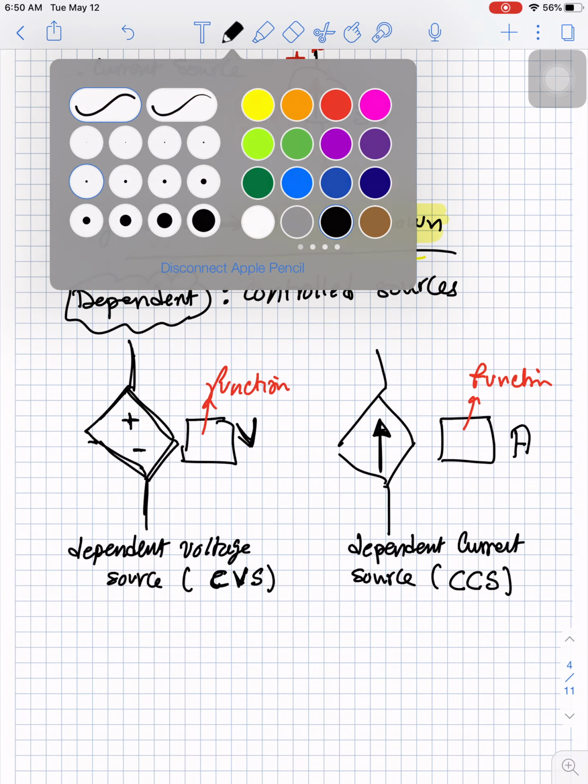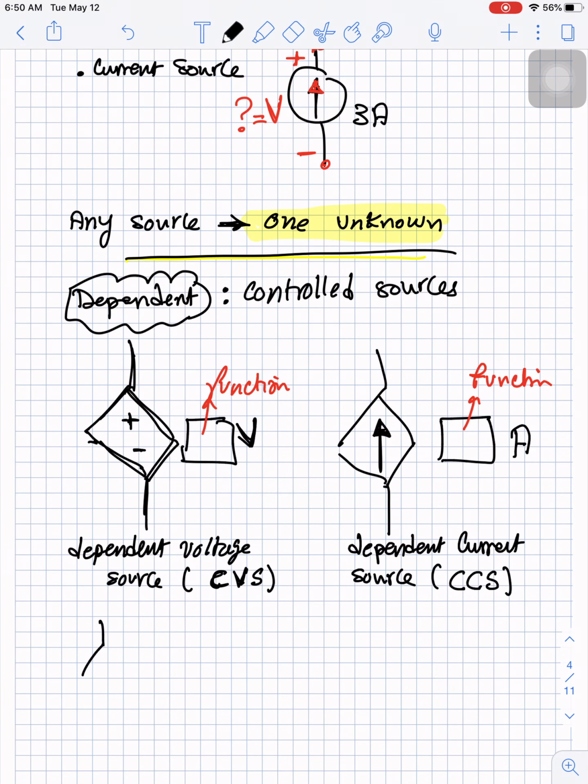For example, what if you are given a voltage source, and this voltage source has a value 3.4 I3, and this value is in volt. So the voltage difference between these 2 points is given to you, but it is given as a function.